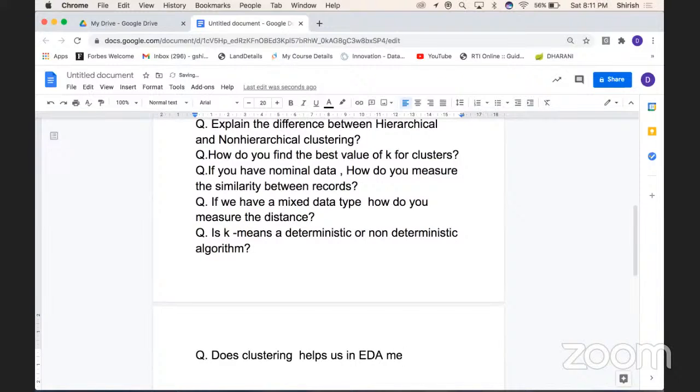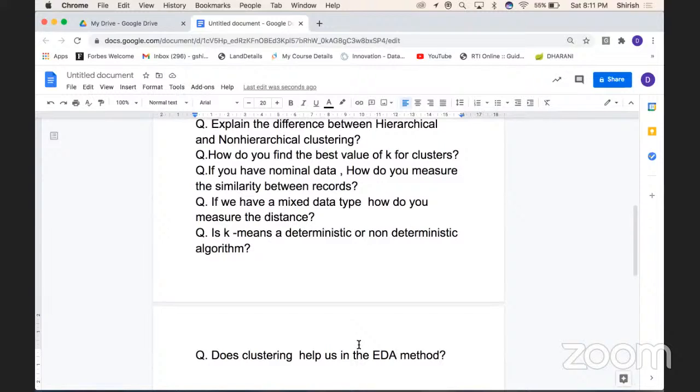EDA is your third kind of exploratory data analysis, right? Okay, then explain. Yes, I agree. How can you justify? Chances are there. Yes, the answer is correct. Yes, there are chances. How?